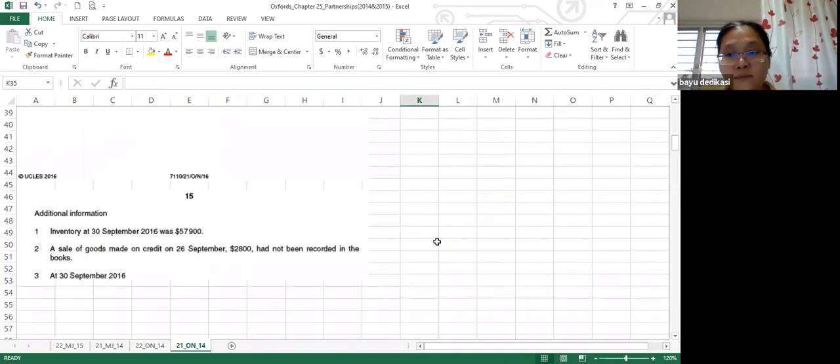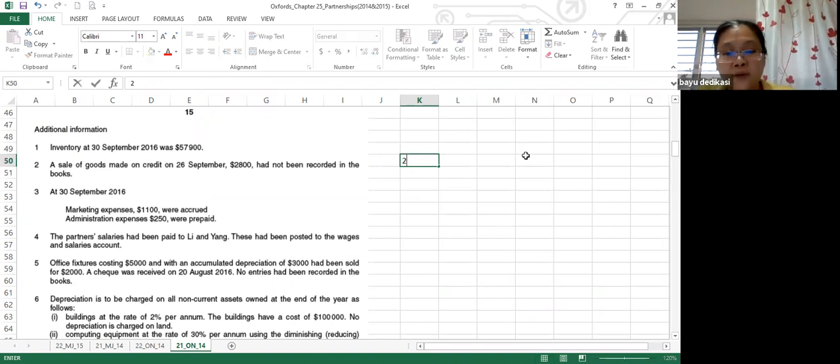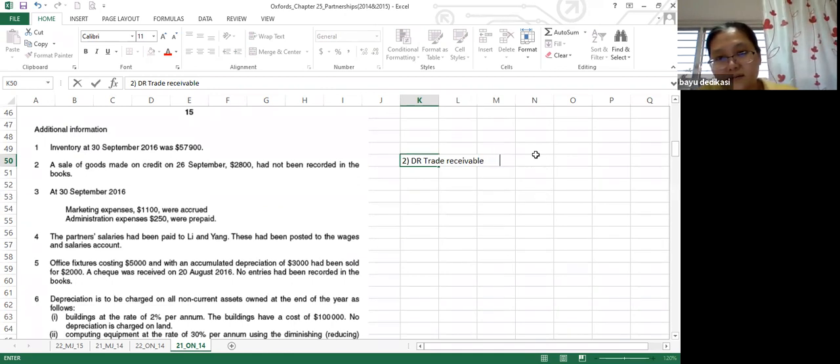Okay, next, move on now. See what are the key things that need to be taken note of. A sale of goods made on credit on 26 has not been recorded. In this case, number 2, you be careful. Your double entry is debit trade receivable, and then credit sales.